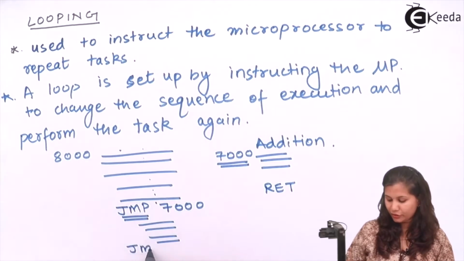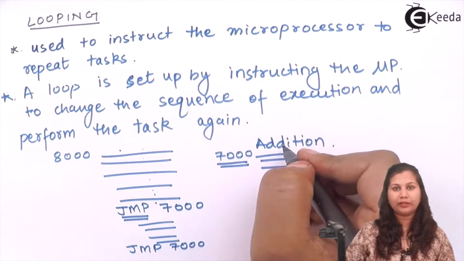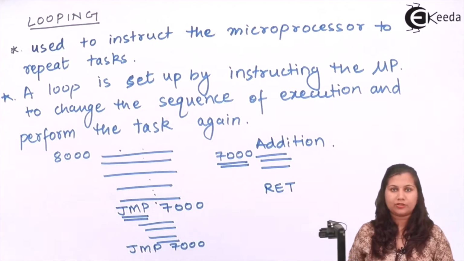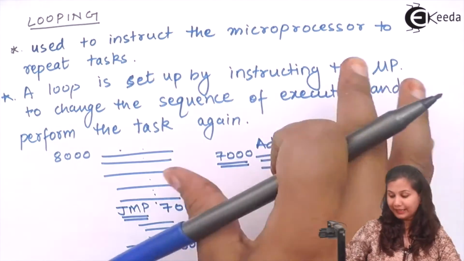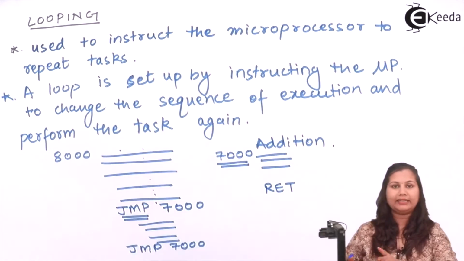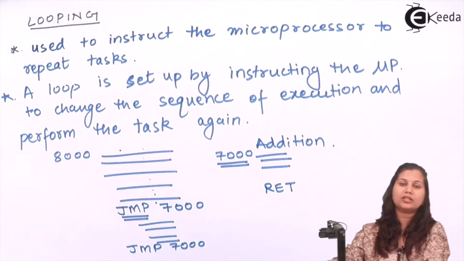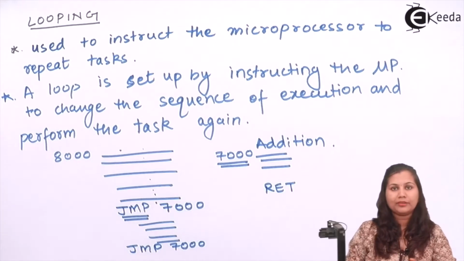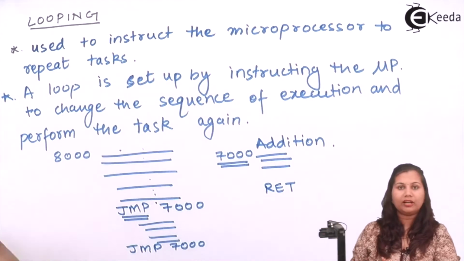Now again we want addition, so we write jump 7000. Again this addition program will be run and returned to the same main program. Then further instructions will be executed. So instead of writing these 10 lines for the addition program in the main program, we write those 10 instructions at a certain other memory location, and we keep calling that subroutine and running it.